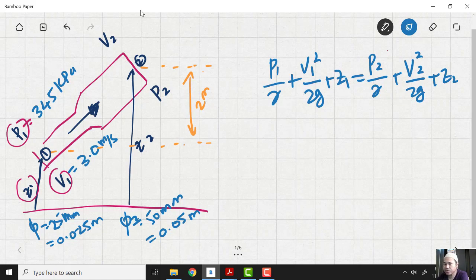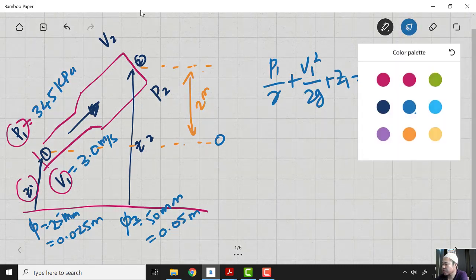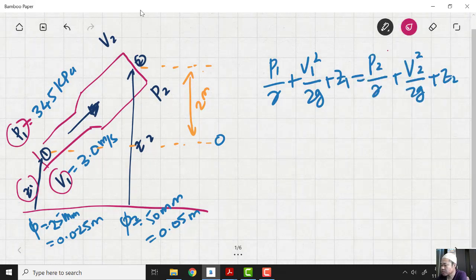But before you solve the equation, first you need to symbolize the equation. Considering that point 1 is our reference level, we can cancel out Z1. Since we are measuring the height from point 1, point 1 is our reference level, so the reference level is 0 until point 2, which is 2 meter.